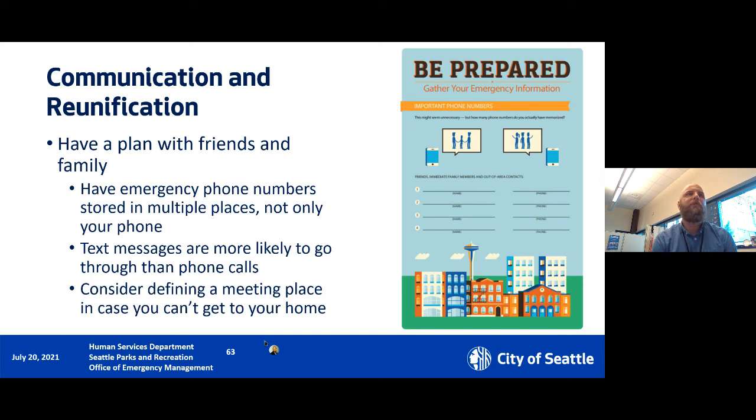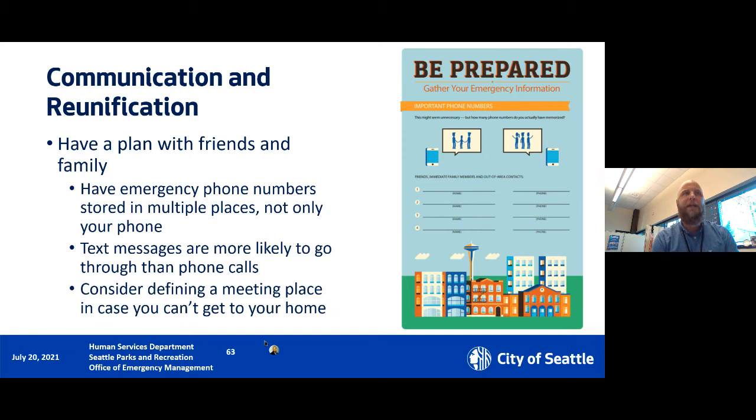So have numbers stored other places, written down, understanding that text messages are more likely to go through than phone calls. Especially after a major earthquake, it's very possible that our system is just overwhelmed. And there are so many people trying to use phones that calls won't go through.